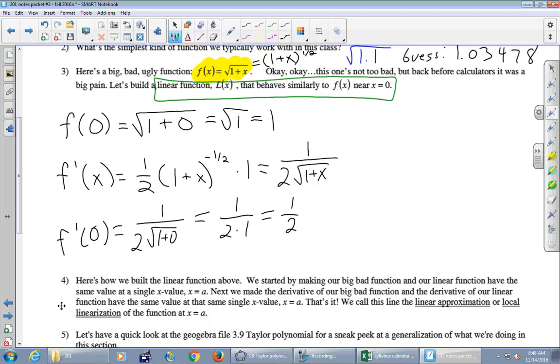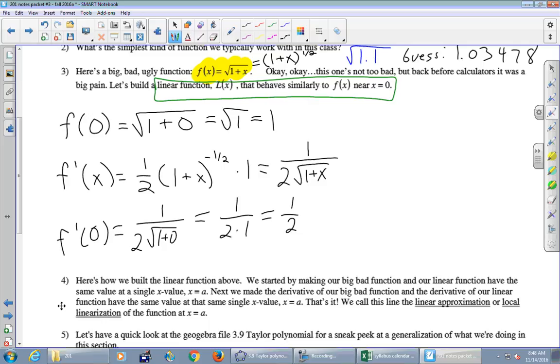Okay, and so what we're going to do is create this linear function, this L of x thing, and we're going to make sure that our linear function agrees with this original function both at the point, which is (0, 1), and it's going to have the right slope, which is 1/2.